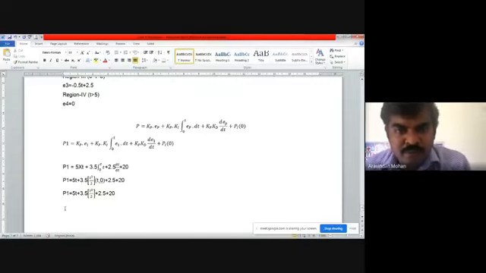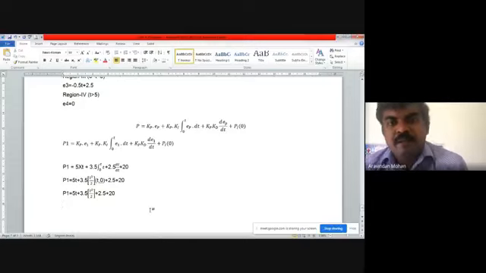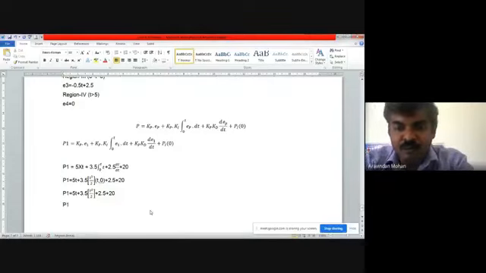Now we have to find the controller output of P1 at the interval values, so for P1 of 0 as well as P1 of 1. First let me find P1 of 1.